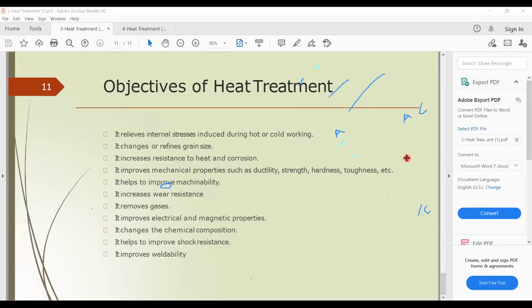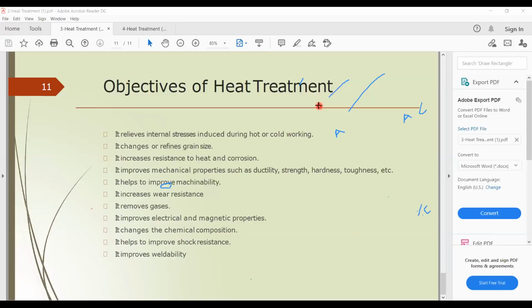What does it mean? Yes, it's a process using heat, right? So what's the main purpose of this heat treatment process? To change the internal structure or the physical properties of that particular material you are doing the heat treatment process on. So you have to remember these two.